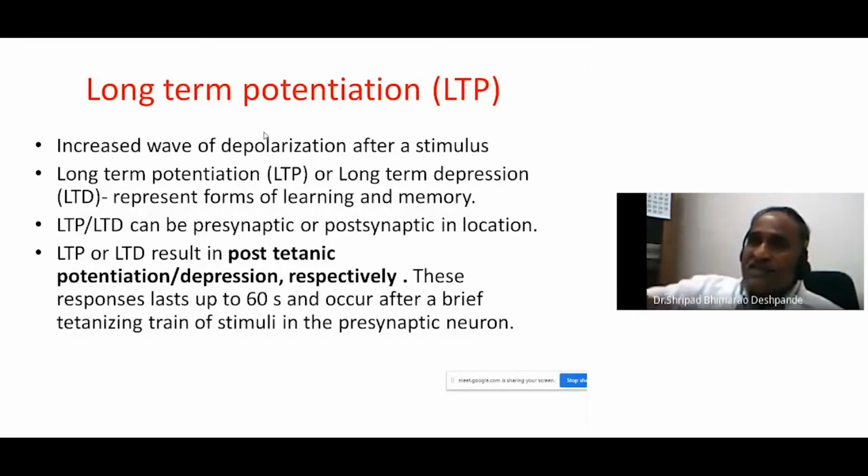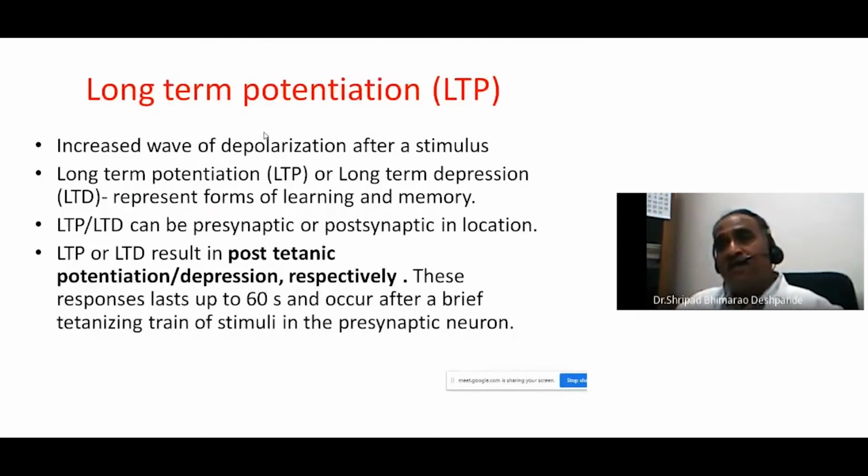This prolongation is known as long-term potentiation. Usually it drops down within a few milliseconds to a second, so postsynaptic potentials are short-lived, whereas in learning there is a long-term potentiation of this depolarization. Or in case of inhibition, there is a long-term depression of the potentials. That indicates learning and memory.